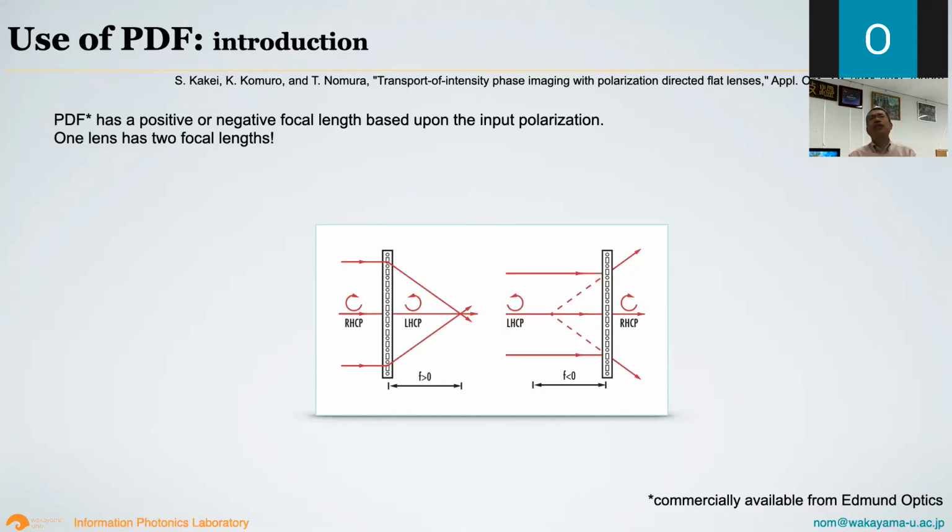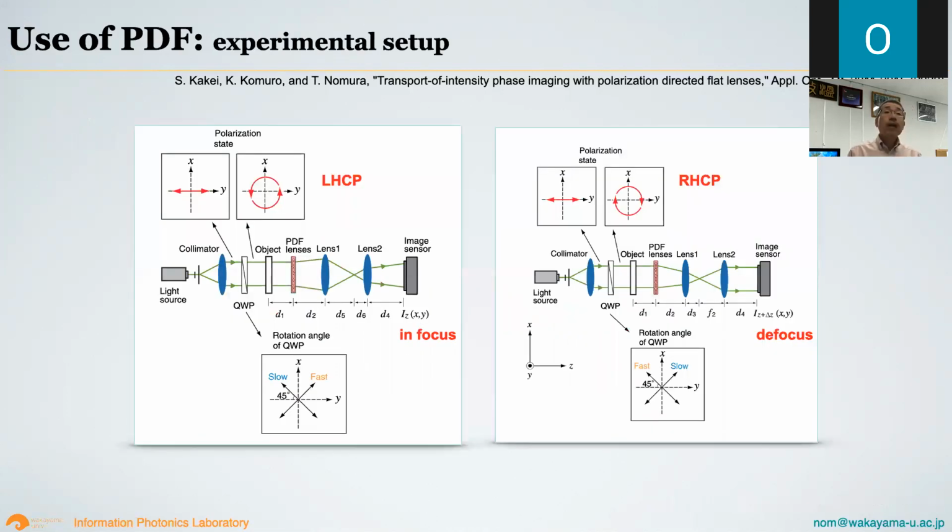A PDF lens is not so special. You can purchase it from Edmund Optics. It is commercially available. This view graph shows the optical setup. We have a PDF lens here. This is the same optical setup.